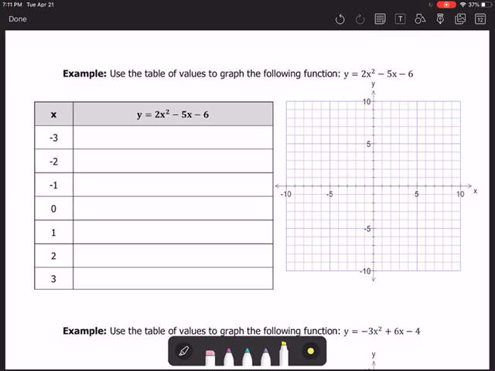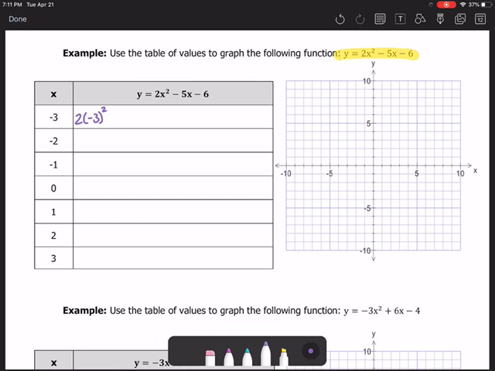Here we have the equation y is equal to 2x squared minus 5x minus 6. So a little bit more involved than just y is equal to x squared. We've got some a, b, c values that aren't 0 or 1. But we plug it in just the same. If we wanted to find the y value when x is negative 3, we plug in a negative 3 every time we see an x.